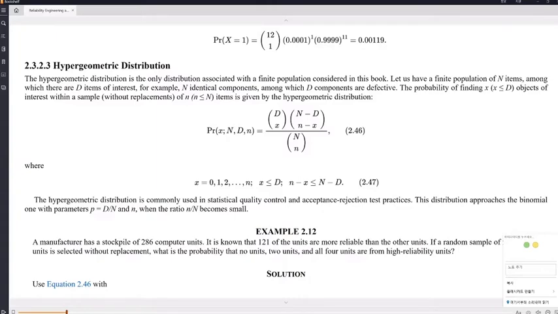If you read the textbook, we are going to consider a finite population of N. So the total population is N, and among them there are d items of interest. So there are two different kinds of items, and there is a portion of items we are quite interested in.